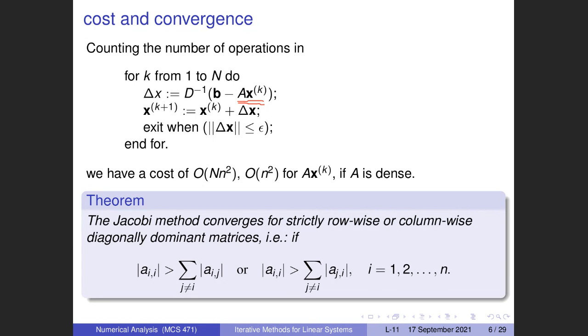So there are other operations here. So the minus is a subtraction of two vectors. The plus is also a vector addition. So the other two operations that are here, the minus and the plus, are linear. And essentially also the multiplication with the inverse here. This is not a matrix multiplication, not a matrix vector multiplication, but that is executed in a scalar fashion. So the cost per step is n square, and the total cost depends on the number of iterations that we are willing to do.